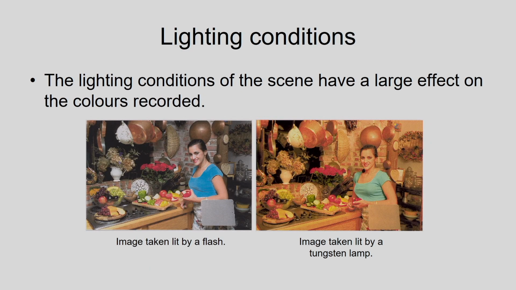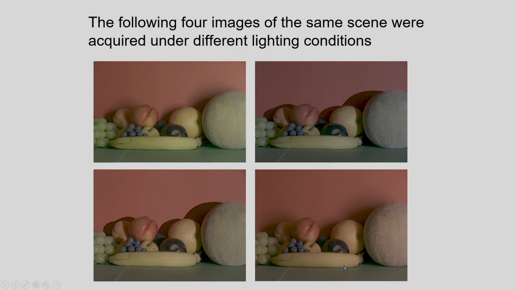In this case, you can see different lighting conditions and images taken. The first one is by flash, the second one is by a tungsten lamp. In these two cases you can see that the color is different, because different lighting conditions are considered. And again I am showing another effect, different lighting conditions and different images.